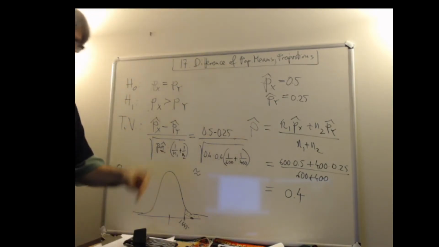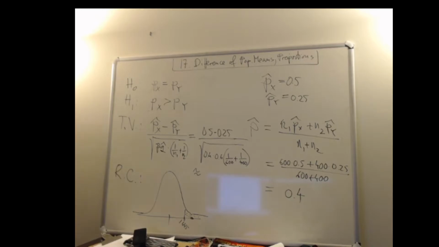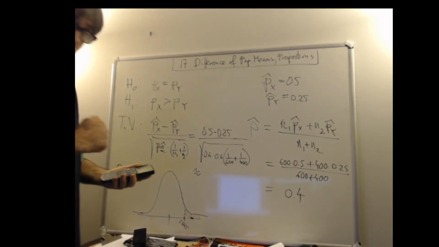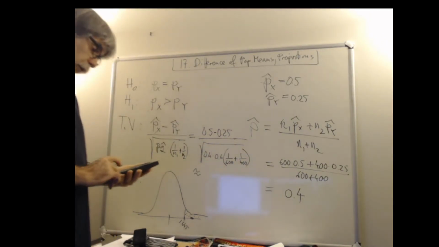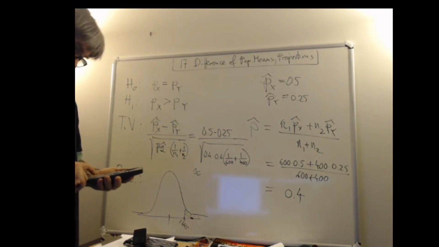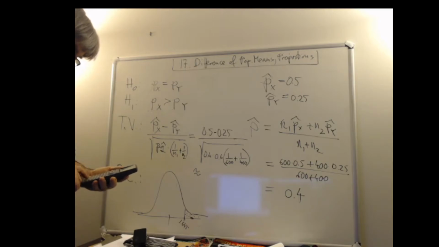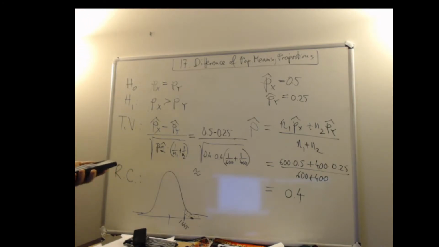So let's see. We have a lengthy calculation here. I didn't calculate it, so I have to do it now. 1 over 600, 1 over 400. I got some really small value.